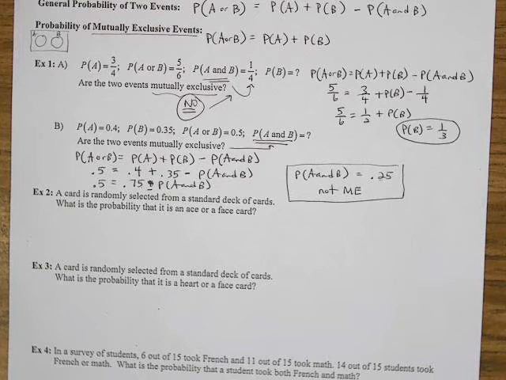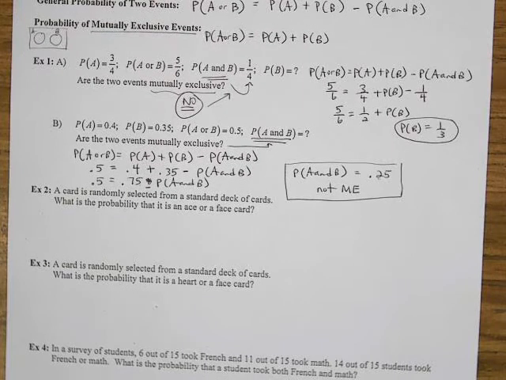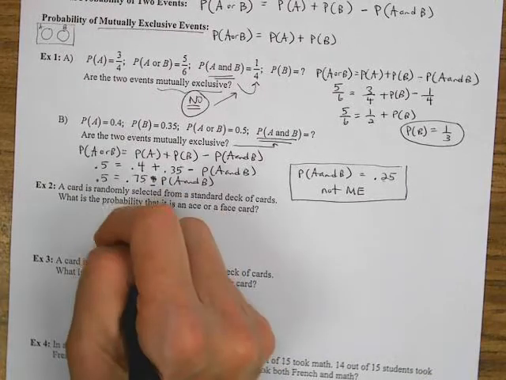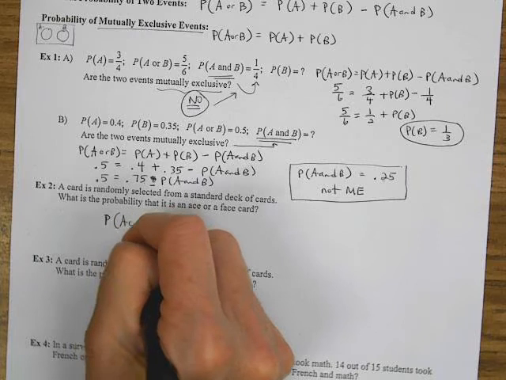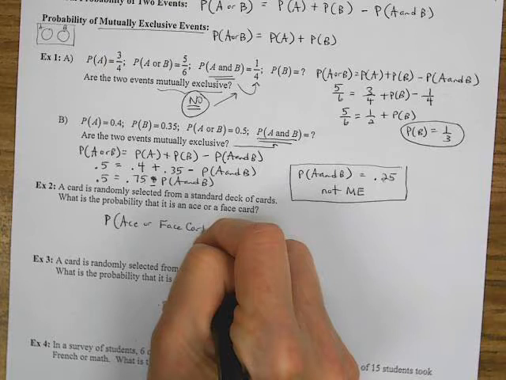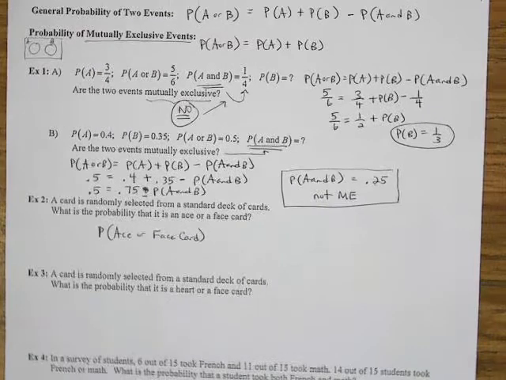All right, let's switch gears to a deck of cards. It says a card is randomly selected from a standard deck of cards. What is the probability that it is an ace or a face card? So let's write down probability of ace or a face card. Let's think about which one of those formulas.